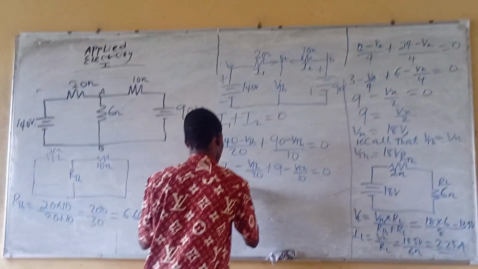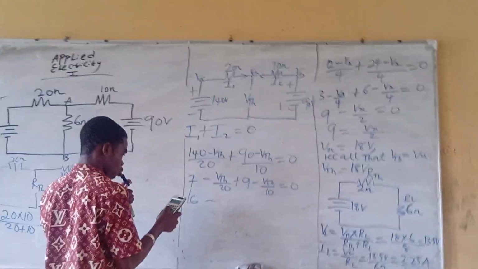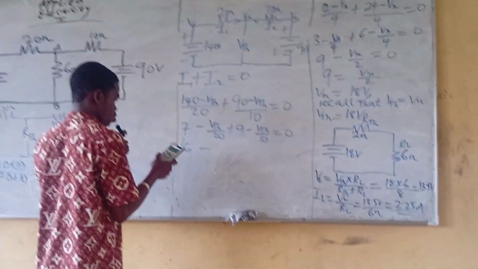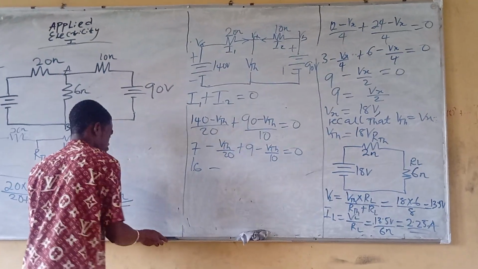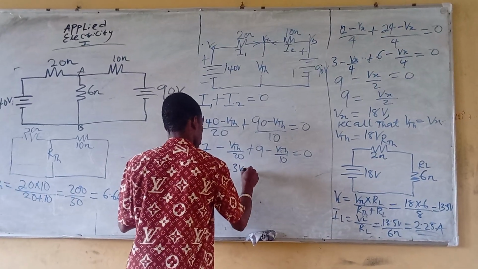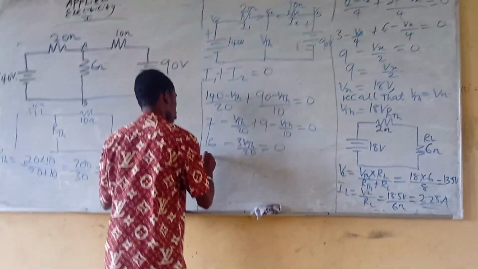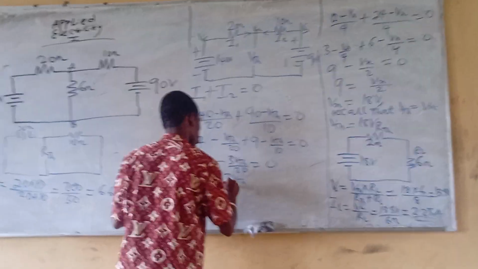Then the VTH terms: minus 1 over 20, then minus 1 over 10. That's minus 3 over 20, so minus 3 VTH over 20 equals 0. So 16 equals 3 VTH over 20.